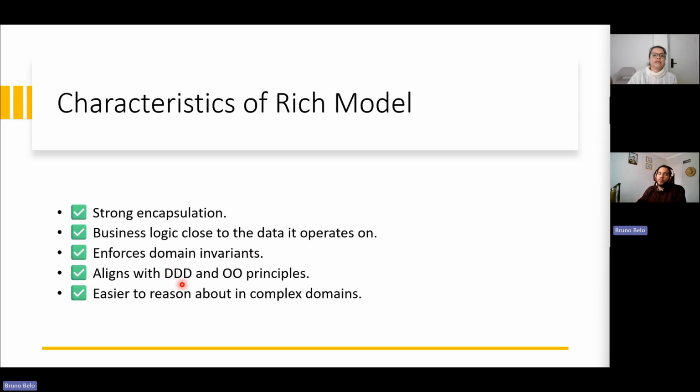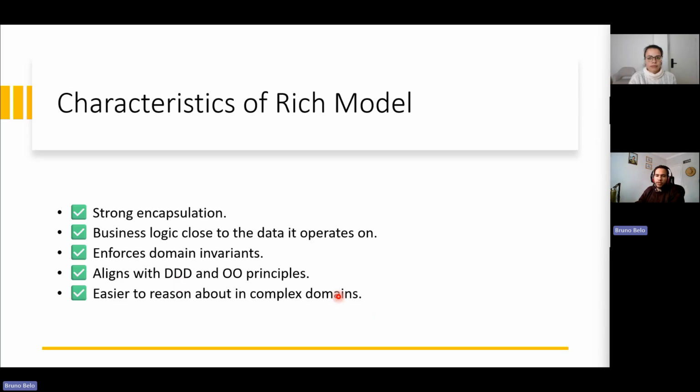It aligns more with domain-driven design, right? That's a principle of thinking and caring about the complexity of the domain. So the main responsibility of the code is to resolve domain problems, right? And break them into small pieces.